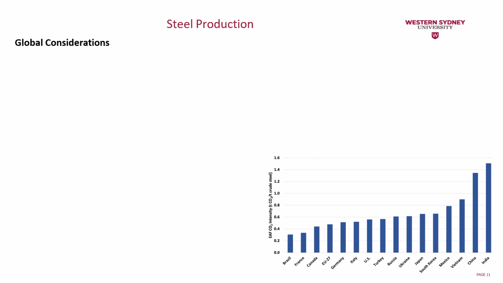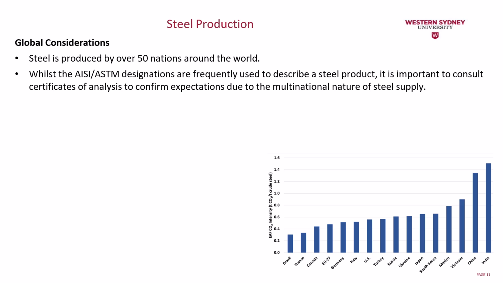So we have some global considerations for steel production. Steel is actually produced by over 50 nations around the world. Whilst the AISI or ASTM designations are frequently used to describe the steel product, it's important to consult a certificate of analysis to confirm the expectation, due to the multinational nature of the steel supply.